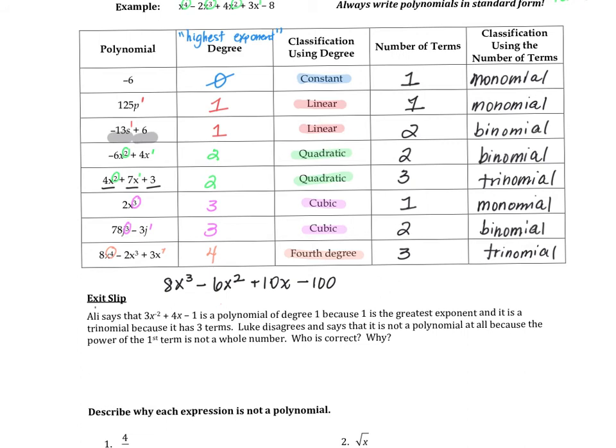The first thing you're going to do is say, okay, the highest degree is a 3, so I know it's a cubic. Then you're going to say, I have 1, 2, 3 terms, so it's a trinomial. So the official name of this polynomial is a cubic trinomial.